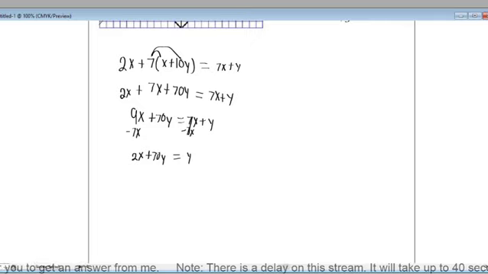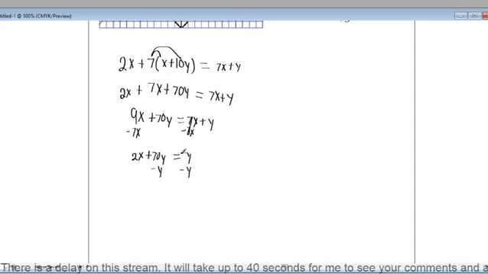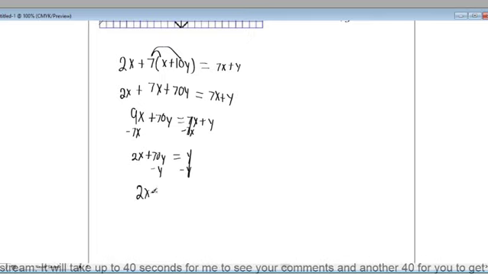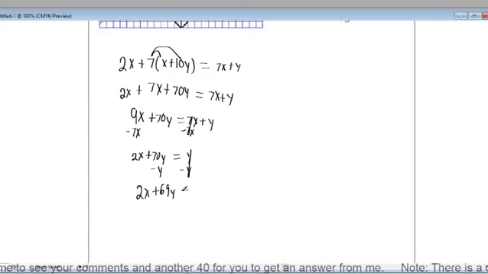And again, we need to get the y with the other y, so we will need to subtract y from both sides. Again, it'll cancel here and give us 2x minus 69y, plus 69y, sorry, equals 0.